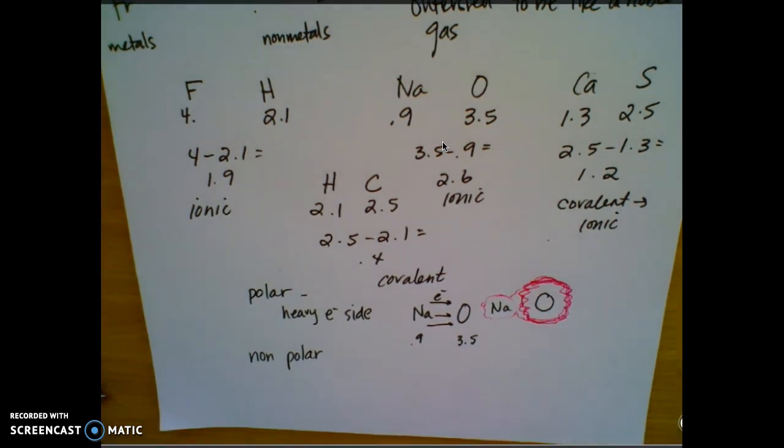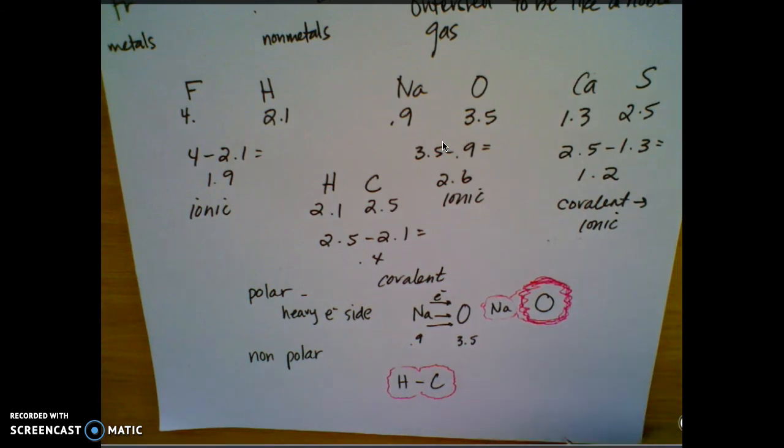If we were to look at hydrogen and carbon, their electronegativities are so close that when you watch the electrons distribute themselves, they are going to distribute themselves more evenly around both elements, because neither one of them has a significantly different electronegativity than the other one. So that is your difference between polar and nonpolar.